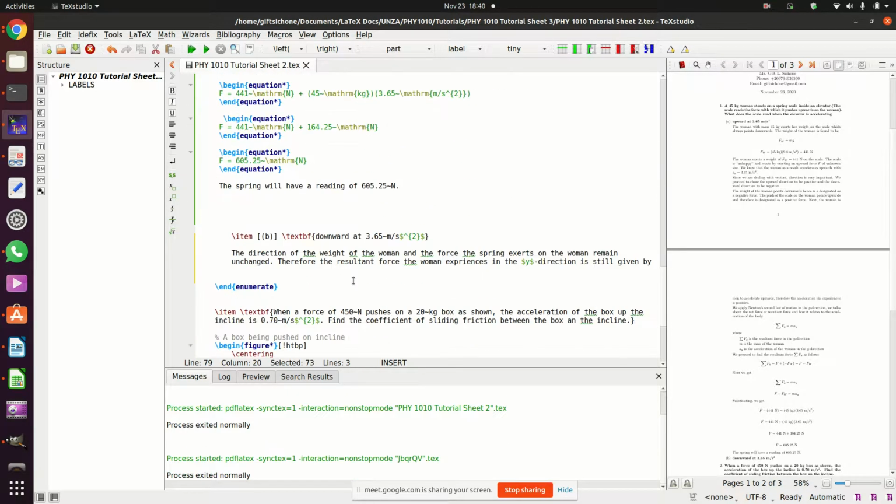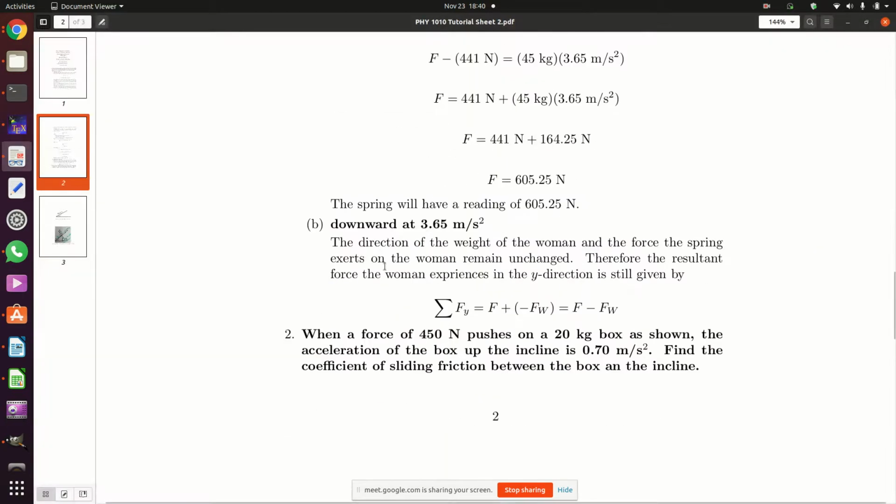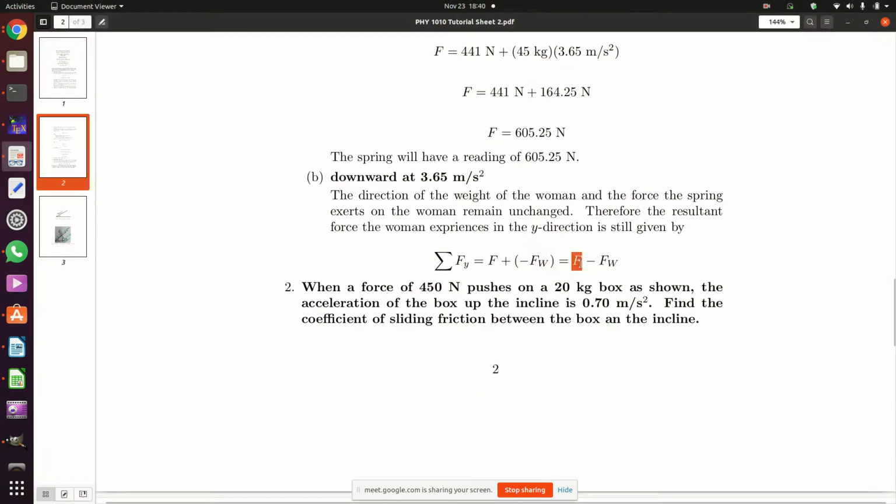Nothing has changed. The direction of the forces acting on the woman hasn't changed. Therefore, we still get F minus FW as the resultant force.